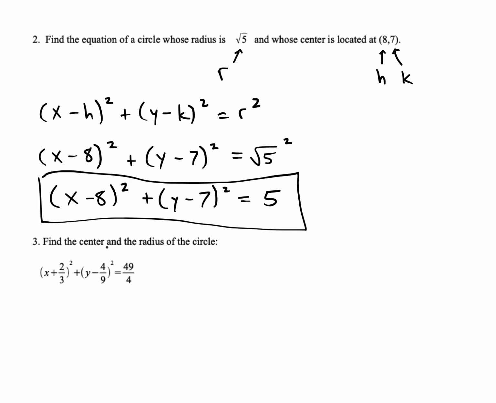Here we're asked to find the center and radius of a circle whose equation is given below. Remember that the standard form had said x minus h. But here we don't have a minus, we have a plus. So that implies to me that h is not actually 2/3, but it must actually be negative 2/3, because that way the two negatives would cancel out to make a positive.